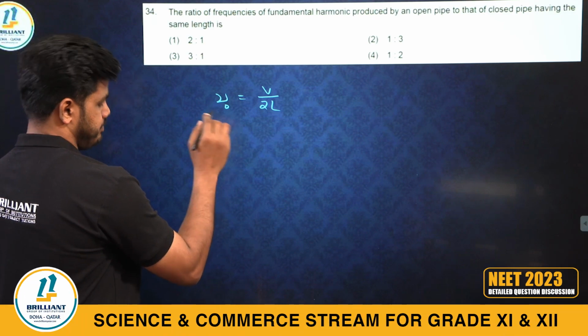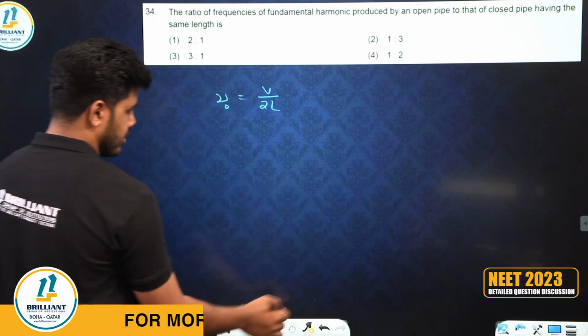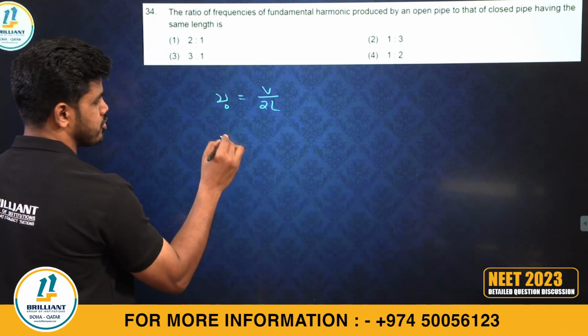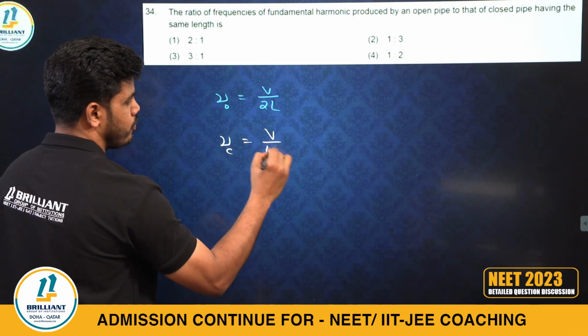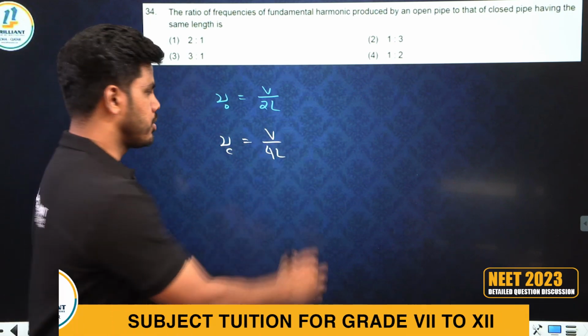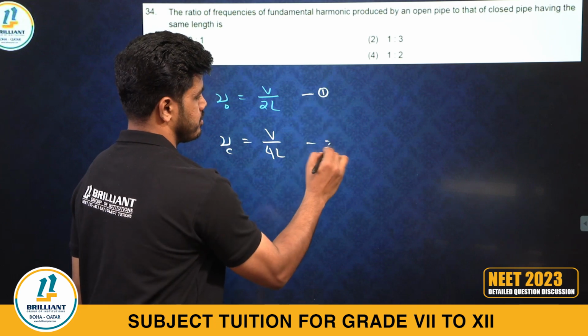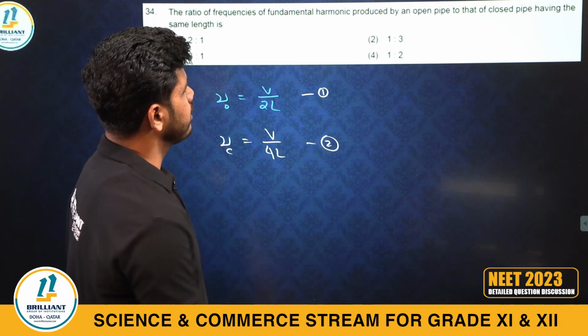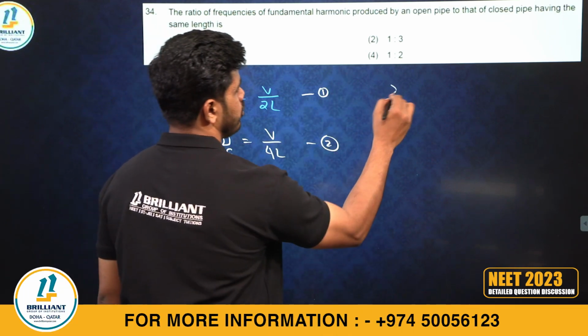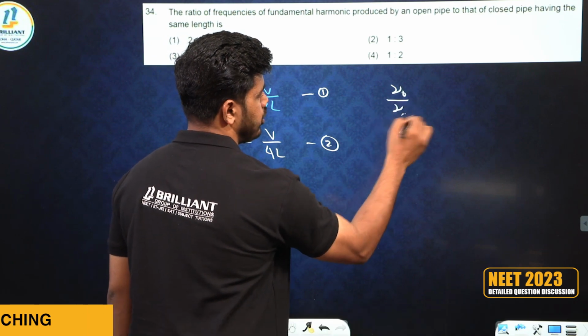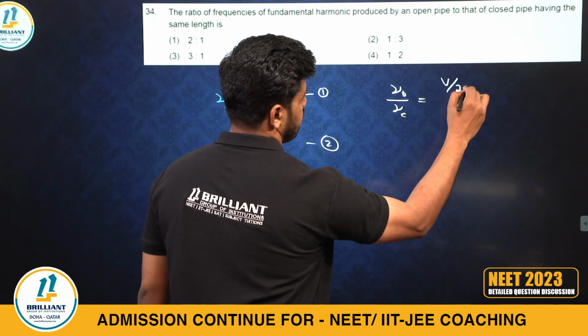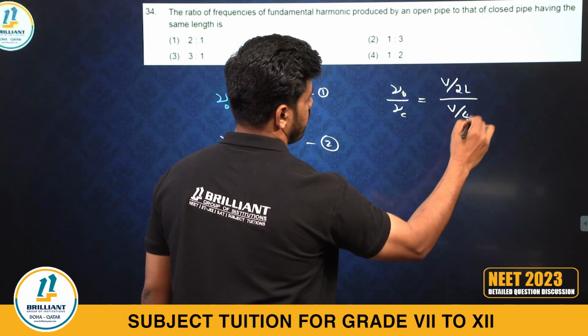And when we go for a closed pipe, it is V by 4L. You're asked to find the ratio of open pipe to closed pipe. So nu open by nu closed is going to be V by 2L divided by V by 4L.